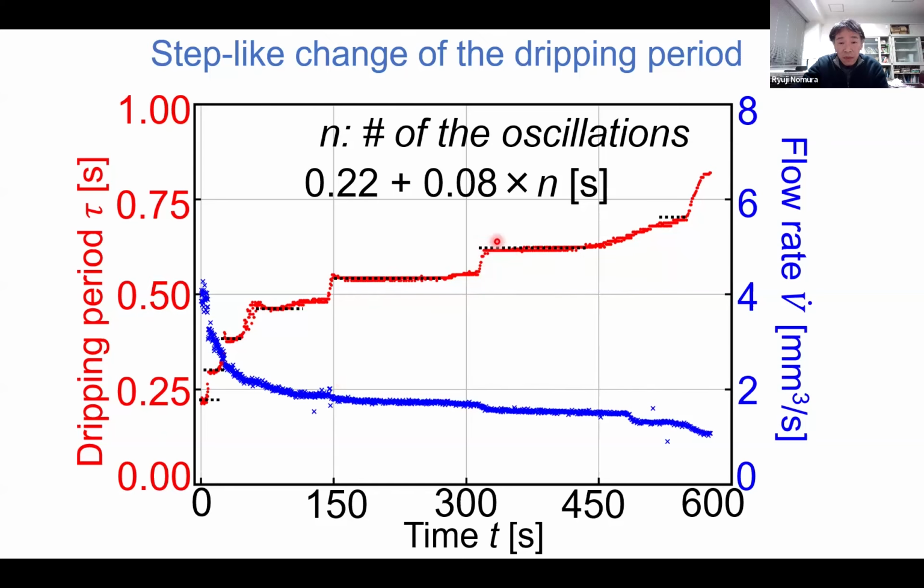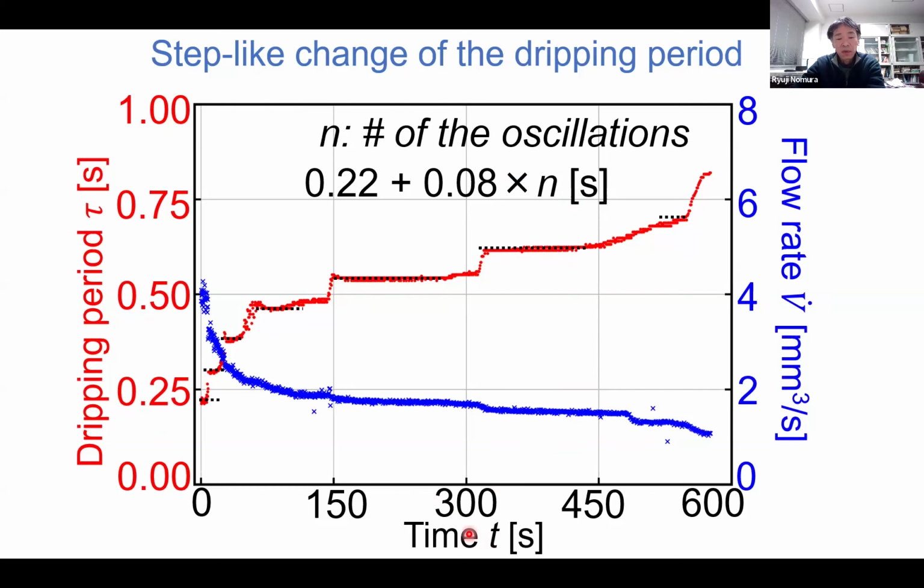And these black dotted lines are this value, 0.22 plus 0.08 times n. The agreement with this stable region is good. And n corresponds to the number of the oscillation. So you can see that the timing of the dripping is completely governed by the number of the oscillation.